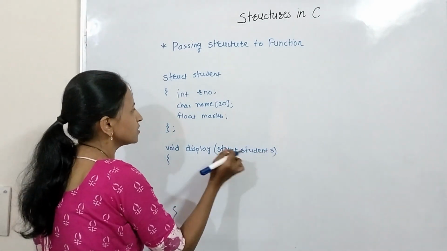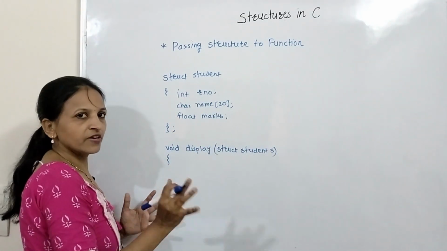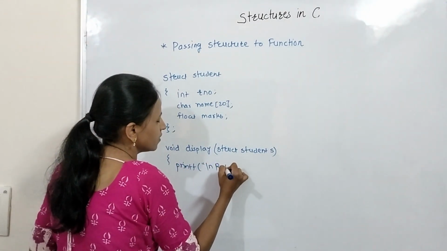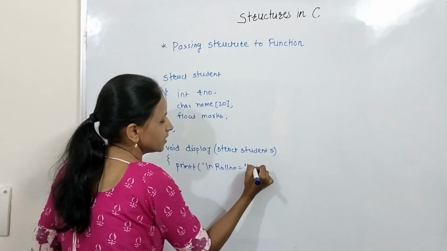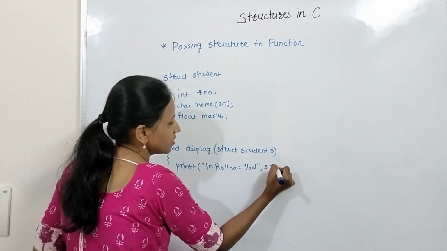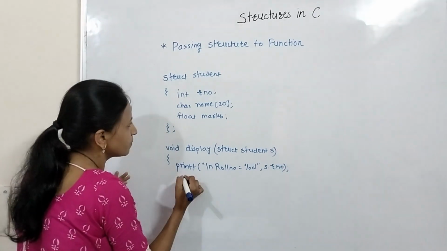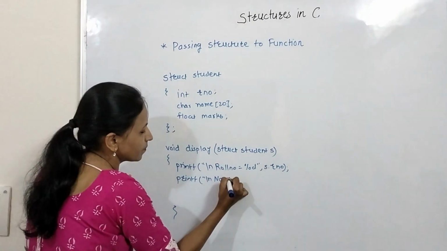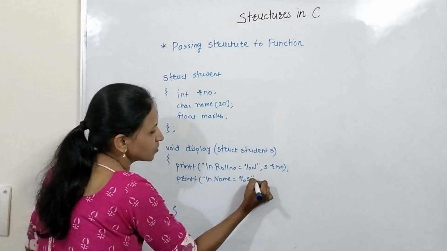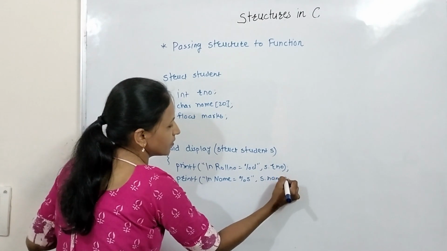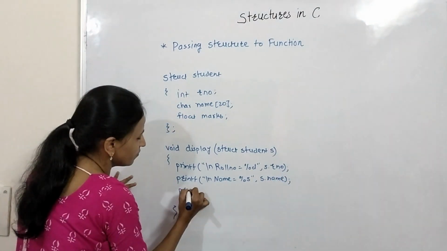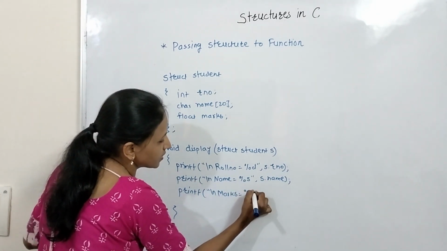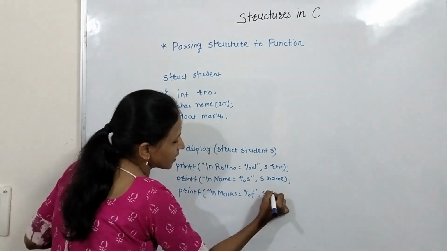S dot roll number, S dot name and S dot marks we will display like printf, roll number equals %d comma S dot rno. In the same way we display name and marks, printf name equals %s comma S dot name, and then next printf marks equals %f comma S dot marks.